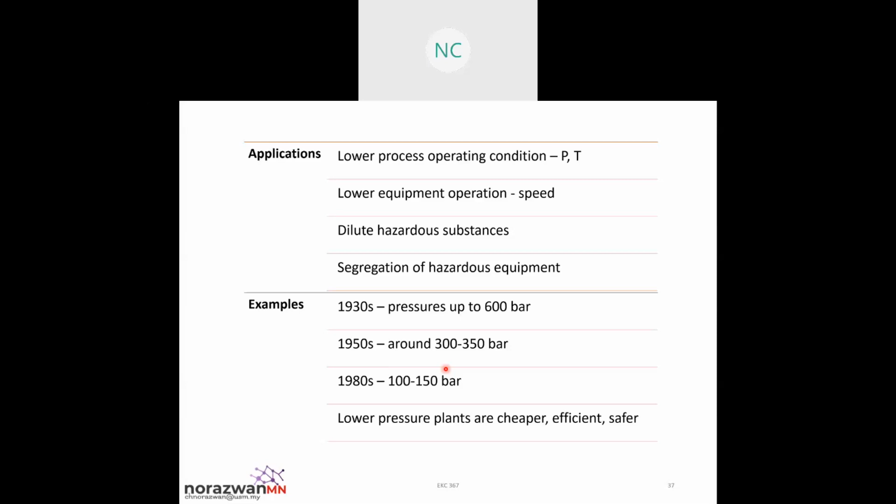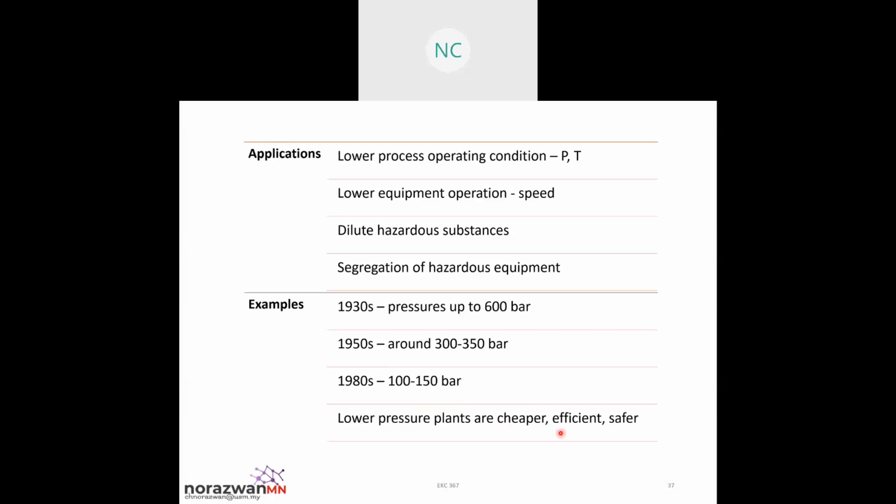So actually when you reduce the pressure inside your operating condition, when you lower your operating pressure, your plant will be operated cheaper, more efficiently, and much safer.